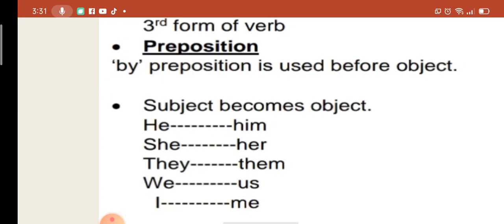I become me. So here I have mentioned those subjects which change when they become object, and some nouns and pronouns are not changed, like you and names specifically they do not change.